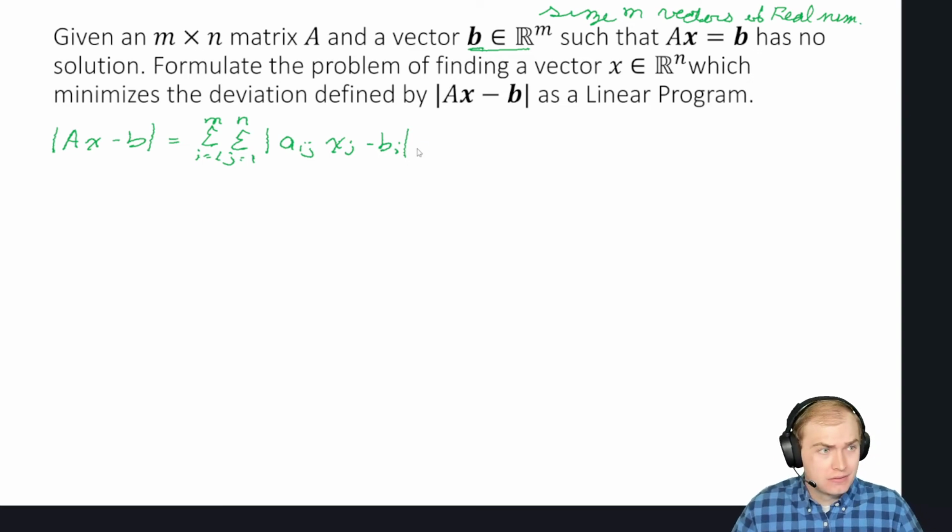There's a problem with this. This is not a simple thing to do.